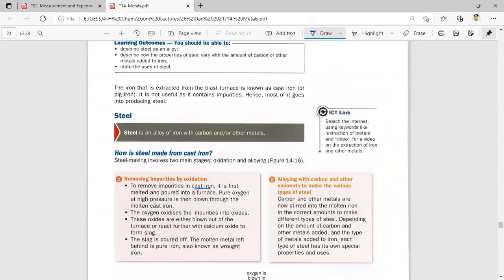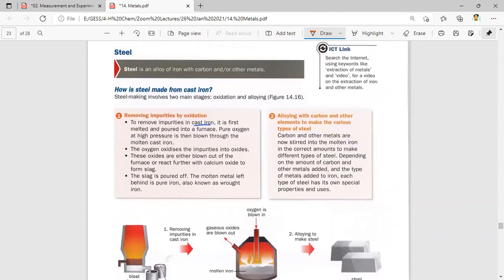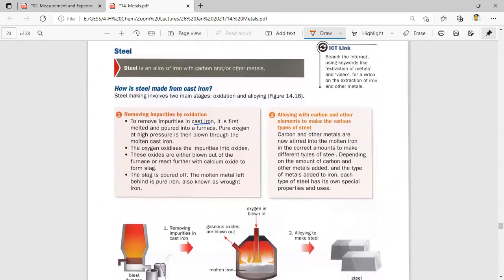After we get molten iron, the iron that's extracted from the blast furnace is known as cast iron, or sometimes they'll call it pig iron. It's actually not useful because it contains impurities, so they need to process it further. First, they will remove impurities in the cast iron.